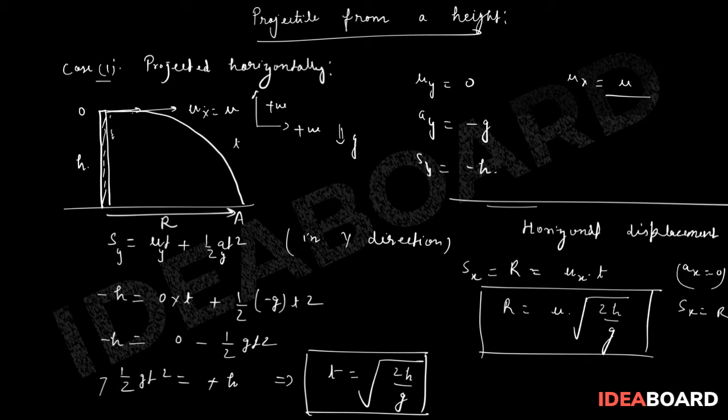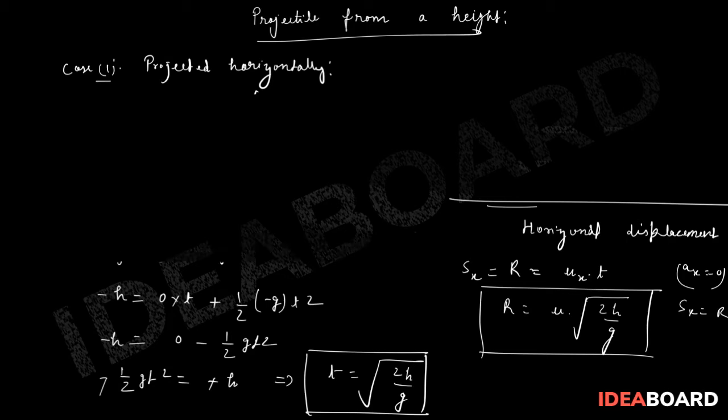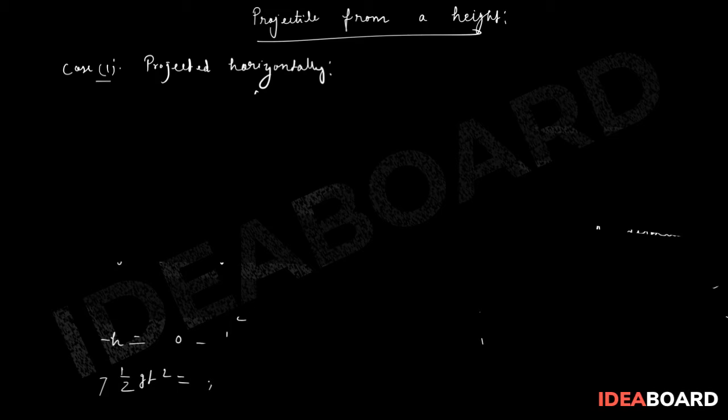Now case number 2 will be here. When we have projected, this is certainly at an angle alpha or theta upwards. So case number 2, projected upwards at an angle alpha from a tower.